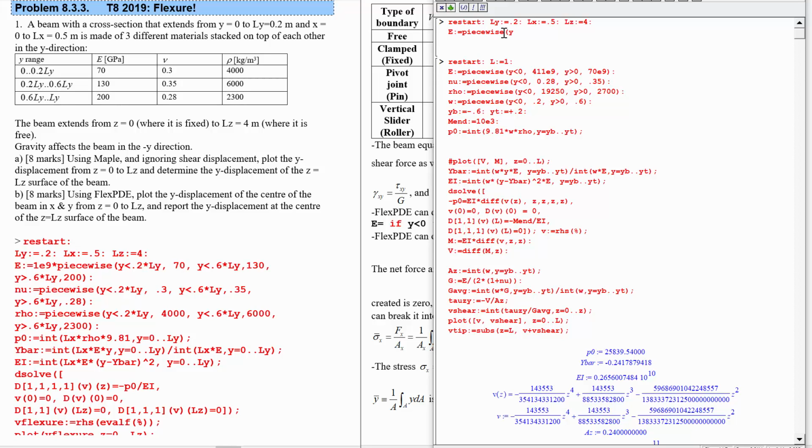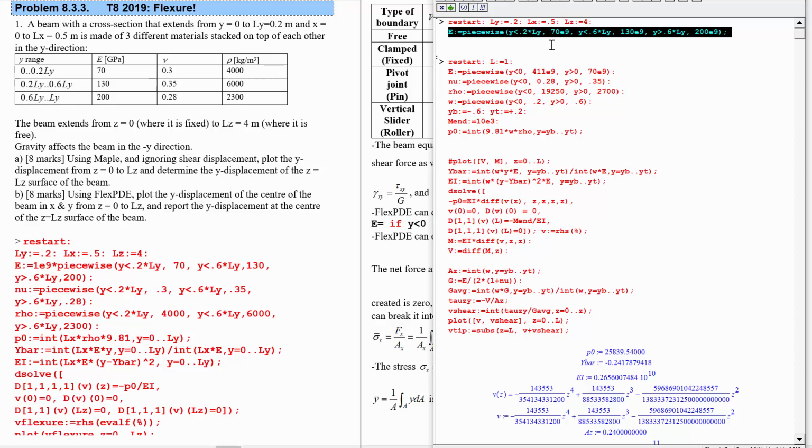If y is less than 0.2 times Ly, then we've got 70 gigapascals, so 70 E9. Y is less than 0.6 times Ly. I'm getting that from this range over here. Then we've got 130 gigapascals. And if y is greater than 0.6 times Ly, we're going to have 200 gigapascals.